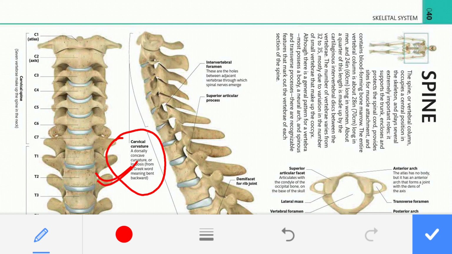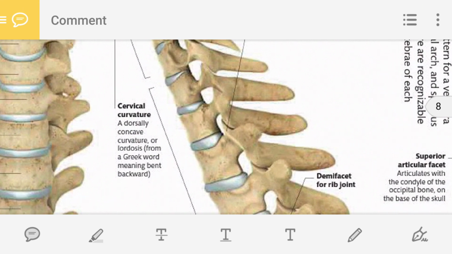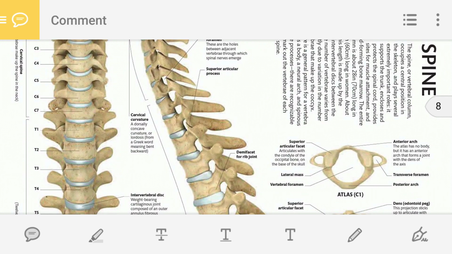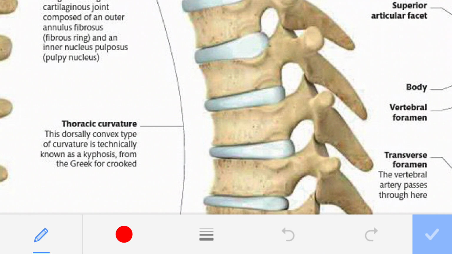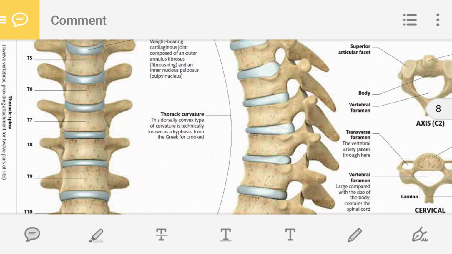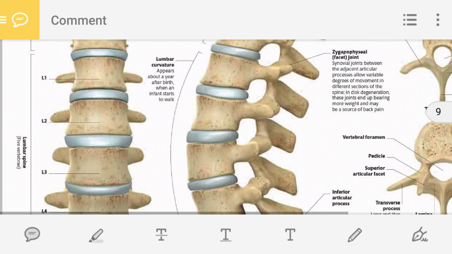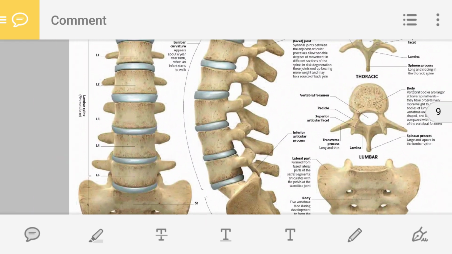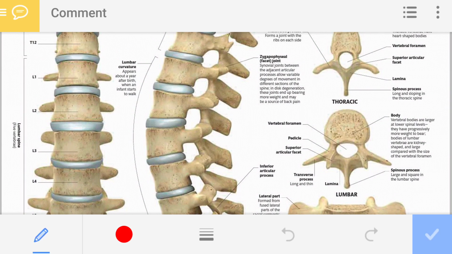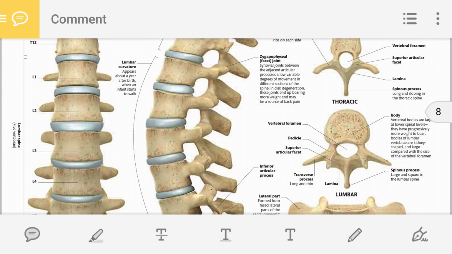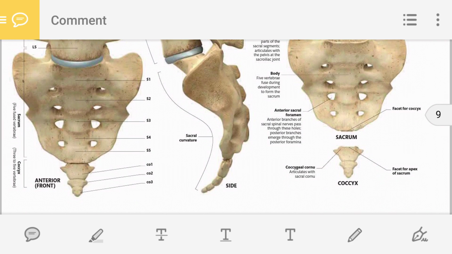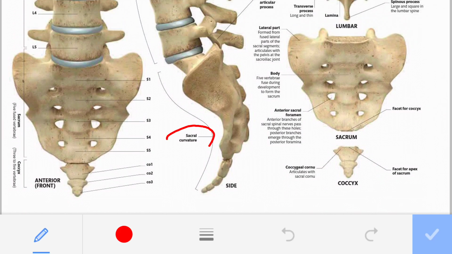Okay, and you can go through the information. Then the thoracic curvature, okay, I have already explained. Then over here, this is the lumbar curvature, and the last one is the sacral curvature.